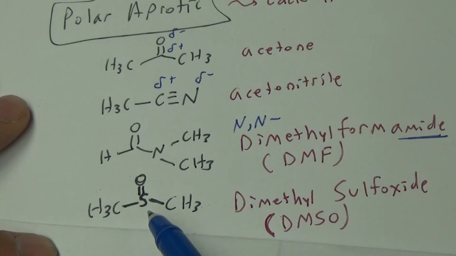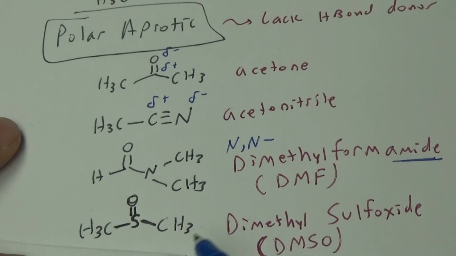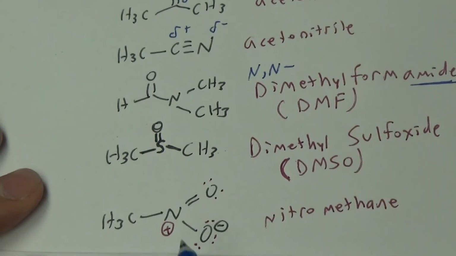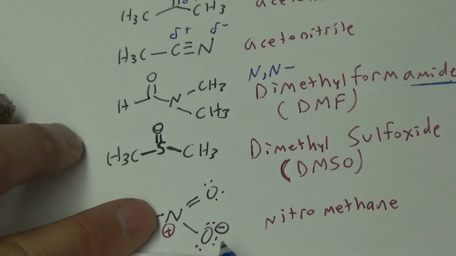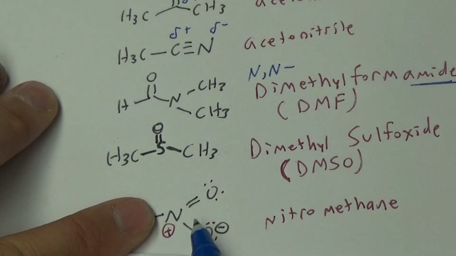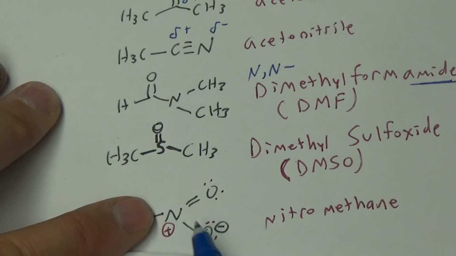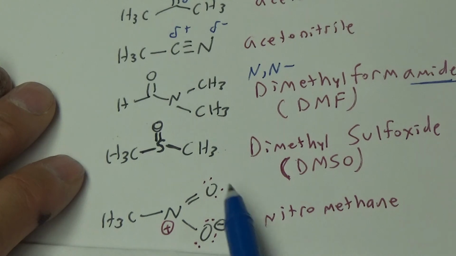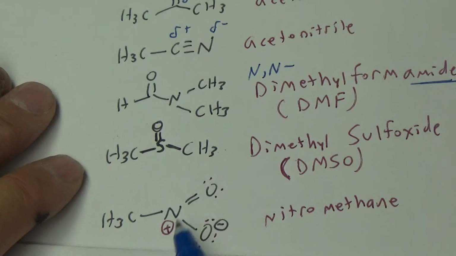And this is a really, really good polar aprotic solvent for SN2 reactions also. Another one we will see from time to time is nitromethane. Nitro refers to that N double bond O, single bond O thing, and methane refers to the methyl group. So nitromethane is another polar aprotic solvent that we see sometimes. And that's what a nitro functional group is, right? NO2.